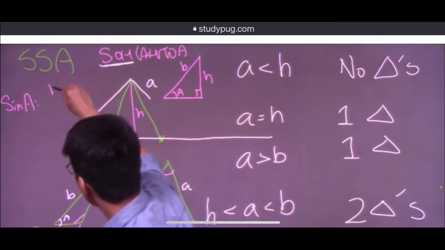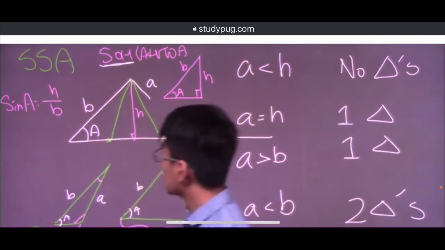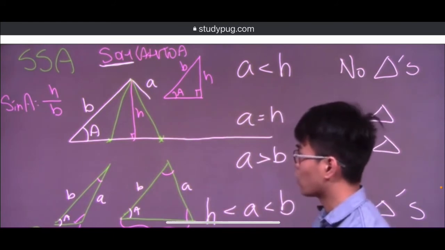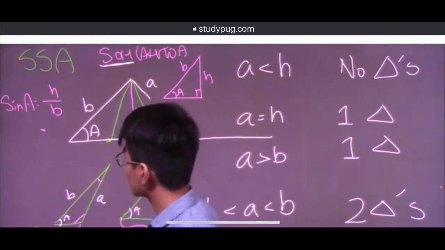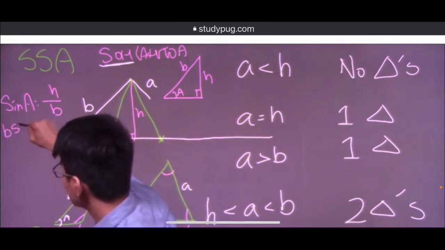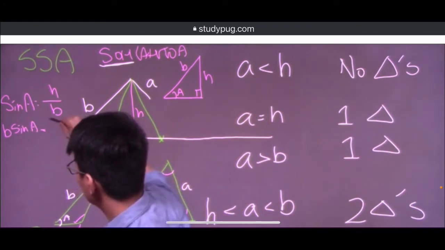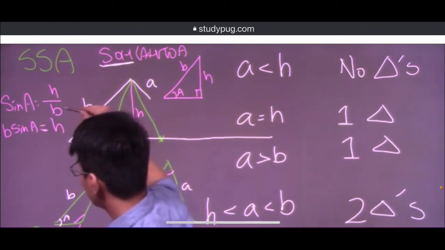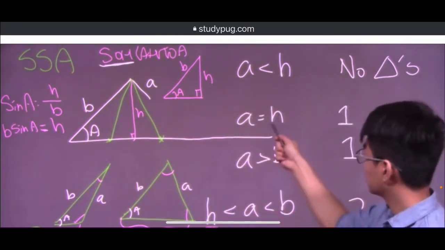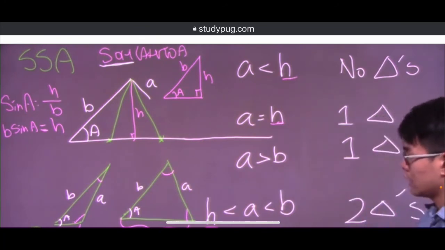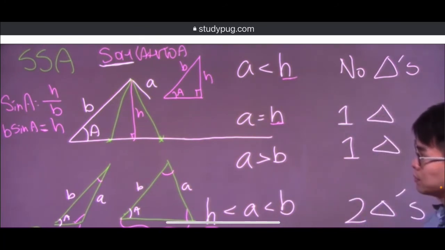Opposite is H. Hypotenuse is B. Since we want to find H, we isolate H by multiplying both sides by B, giving B times sine of angle A equals H. So this is how we find H. We now have a pretty general concept of how the ambiguous case works, and let's jump back to our original question.